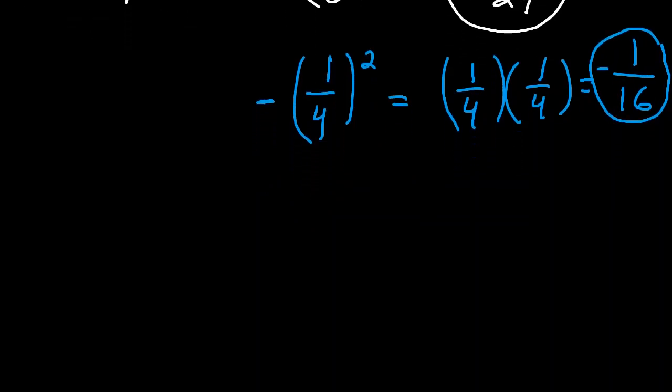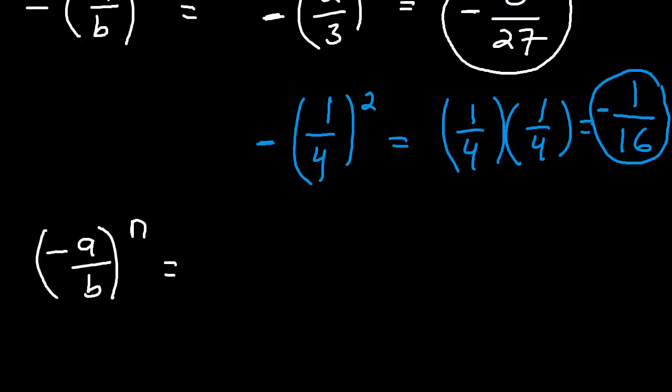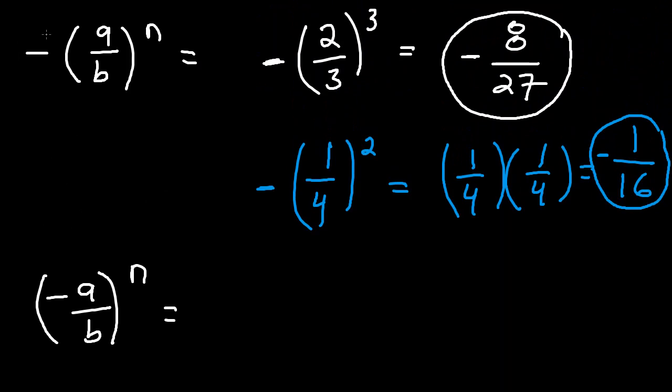Okay, so let's look at another case. Let's say we have a negative a inside over b to the power of n. Okay, so this is different than our last case, because in our last case, remember, we had a negative outside the bracket. Now it's inside.